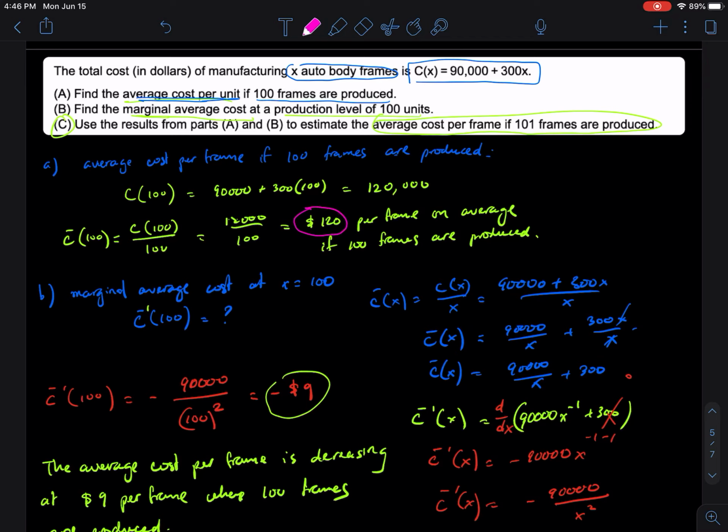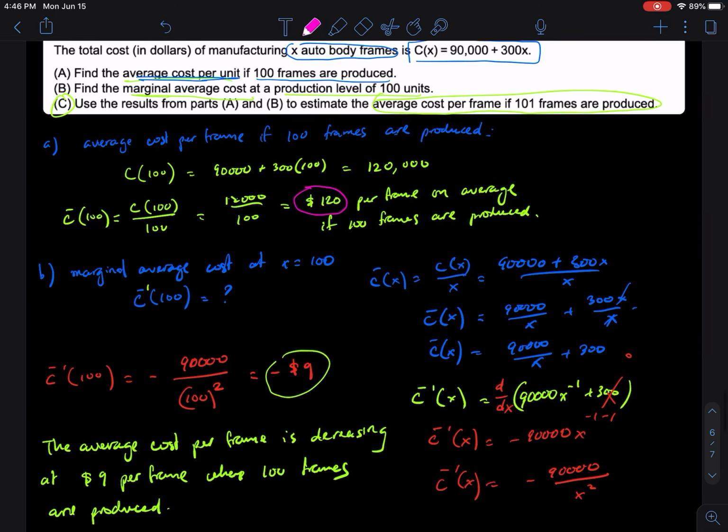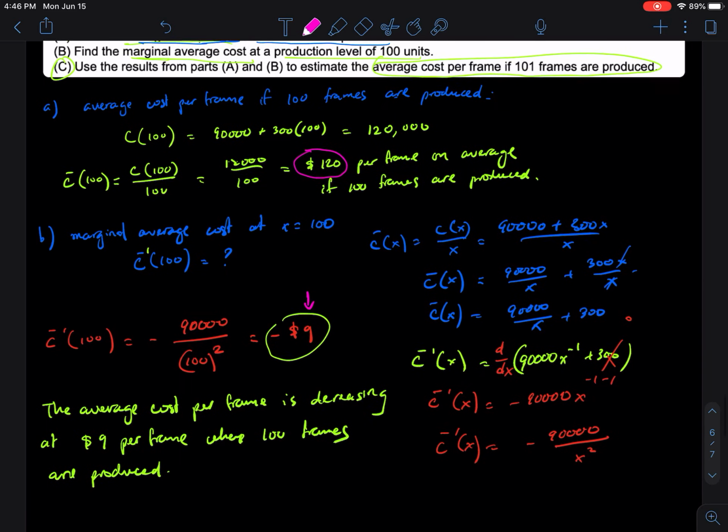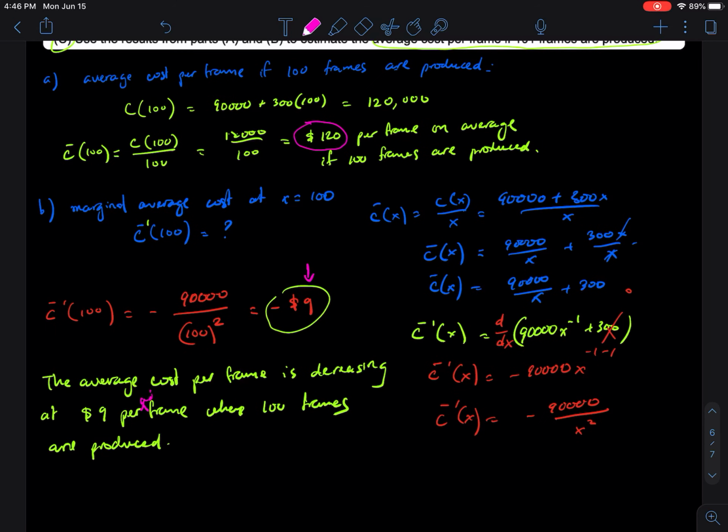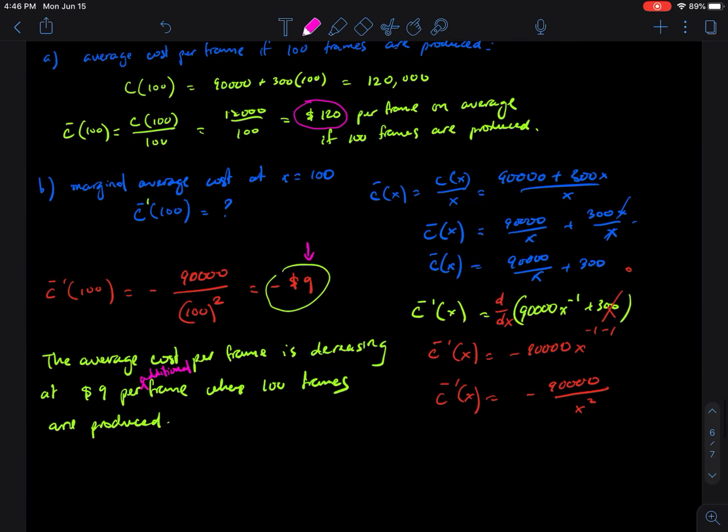The average cost per frame is $120 when 100 frames are produced, and it is estimated that at that level it is decreasing by $9 per additional frame when 100 frames are produced.